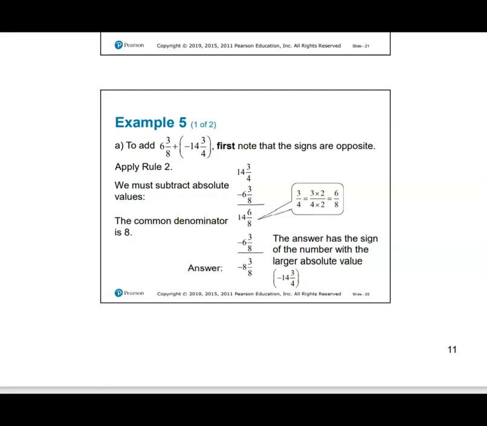But you'll notice that they did the same rule. The 14 is bigger than the 6, so they subtracted those, and they got 8 3/8. The 14 is bigger than the 6, so it took the negative sign. It's the same principle.